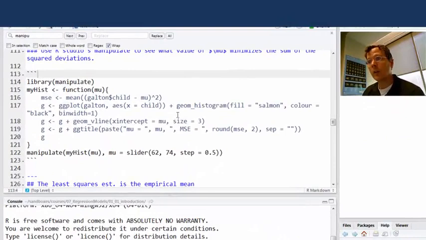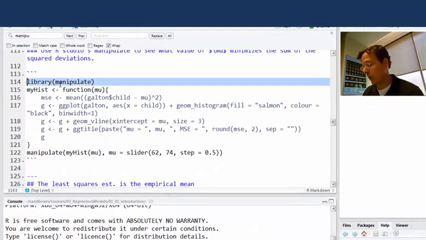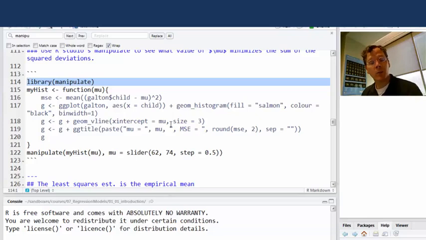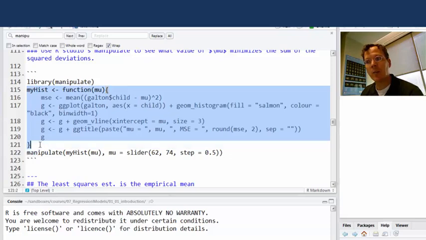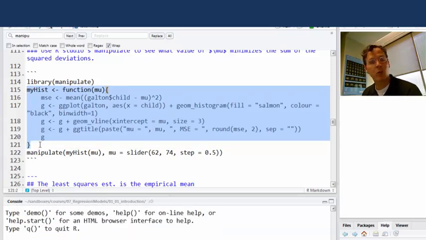So I've already loaded manipulate, but maybe I can do it again. I've loaded the data set Galton, and I've defined a histogram function here that executes the ggplot commands to draw my histogram, and it takes as an argument mu, the parameter that we're trying to find.